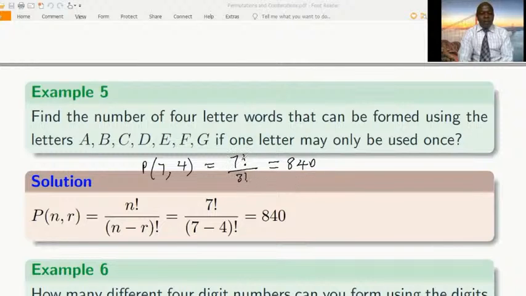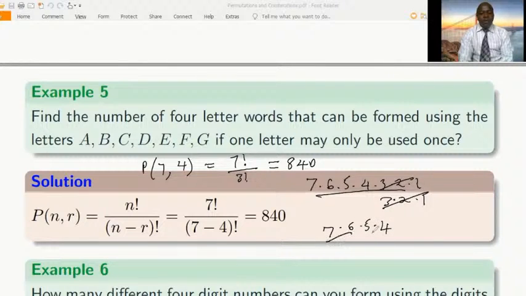But if you want to do it by hand, then this is just 7 times 6 times 5 times 4 times 3 times 2 times 1 divided by 3 times 2 times 1. And this gives you 7 times 6 times 5 times 4, and this part is 42 times 20, which is 840.